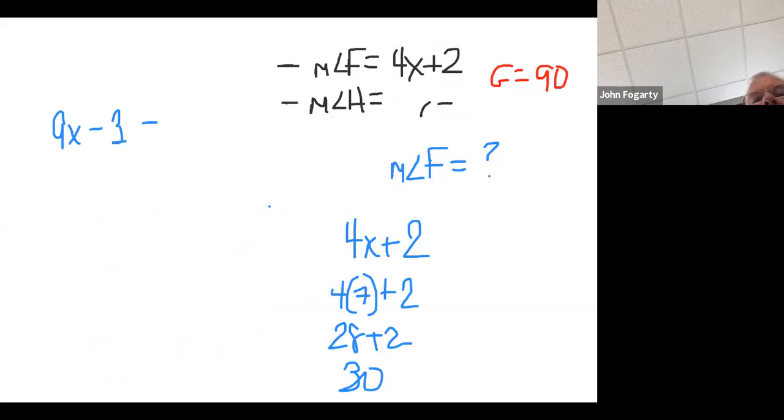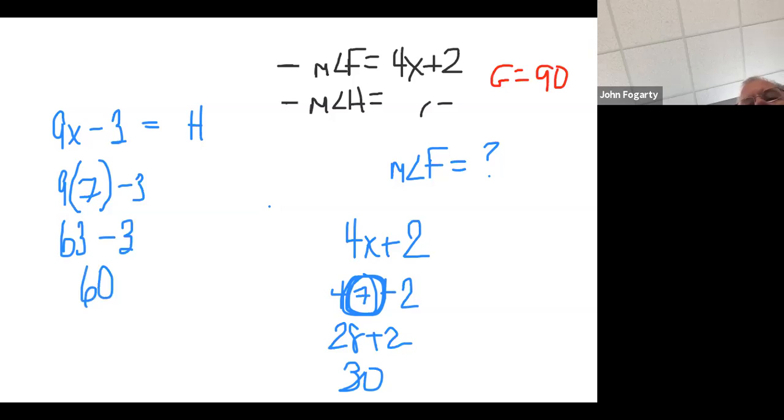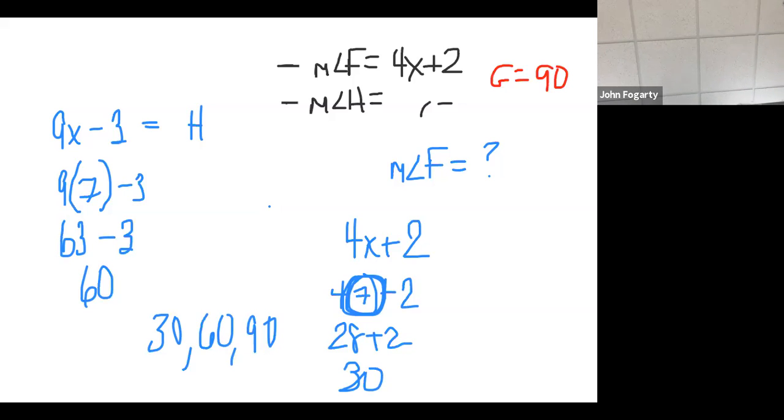That's going to be H, right? Well, x is 7. 9 times 7 minus 3. Well, 9 times 7 is 63 minus 3, 60. Hey, look, we got a 30, 60, 90 right triangle. Does that make sense, fellas?